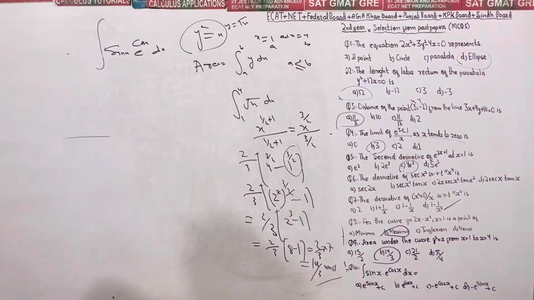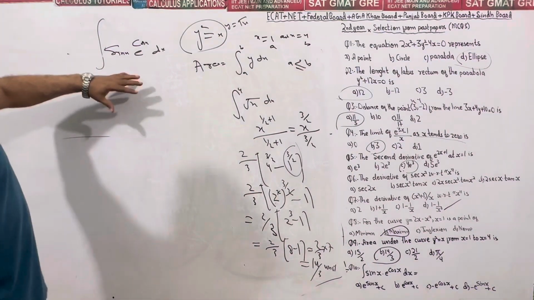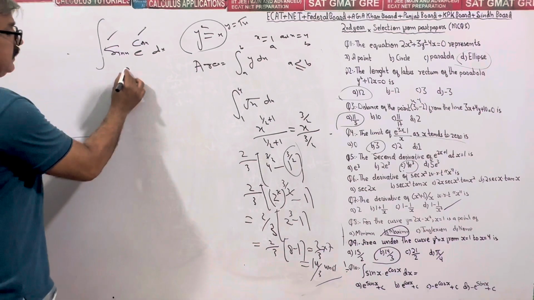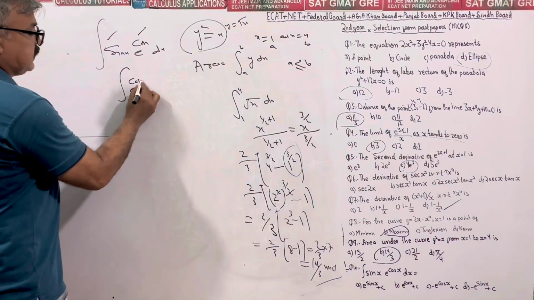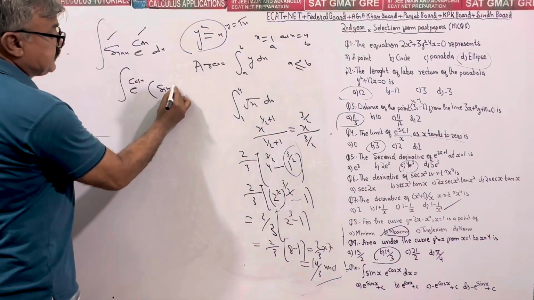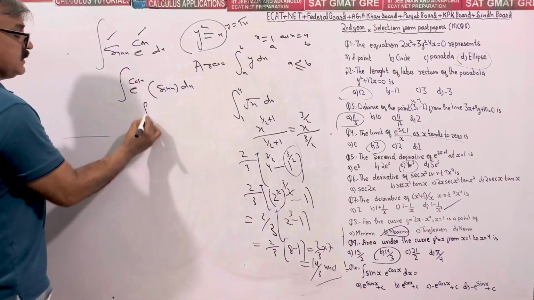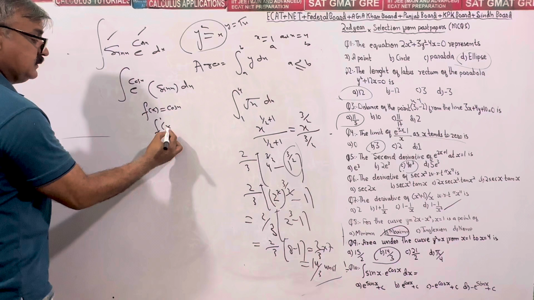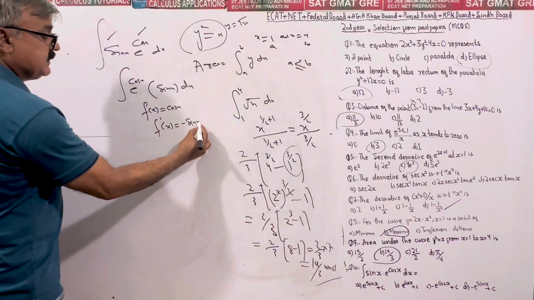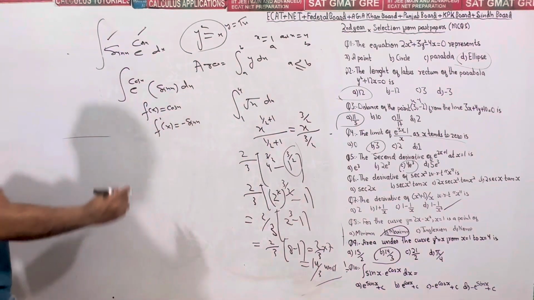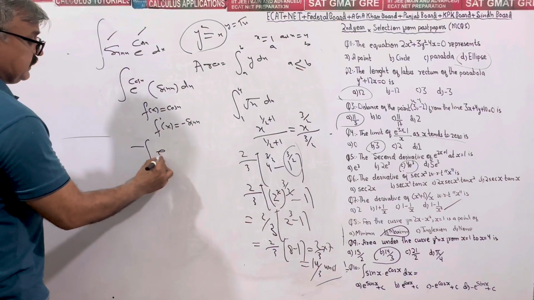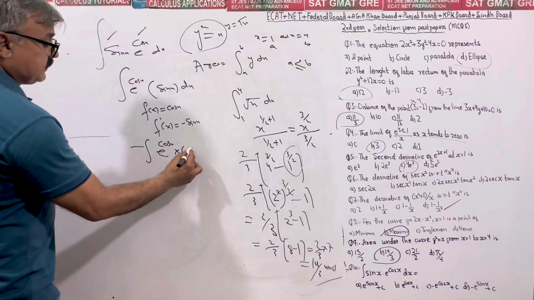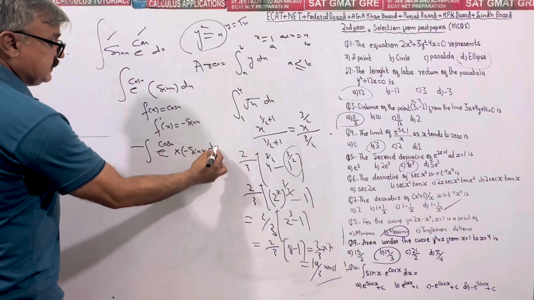Mostly the question is based on a function and its derivative. I can write e raised to cos x times sin x. If we suppose f of x is cos x, then f dash x is equal to negative sin x. So there is a deficiency of minus, which we compensate: negative times the integral of e raised to cos x times negative sin x dx.